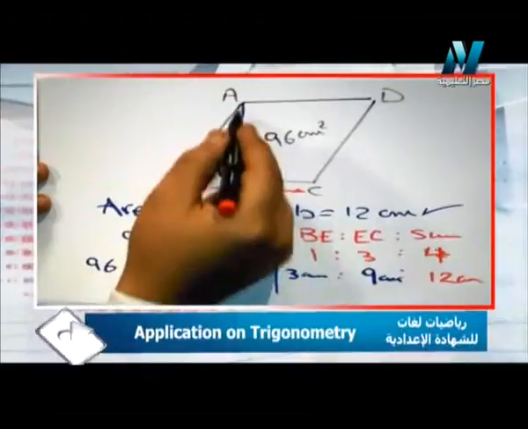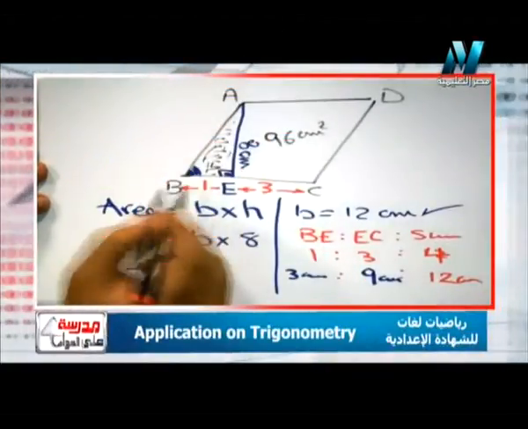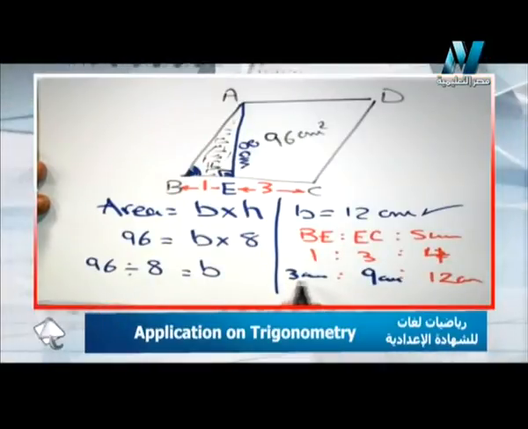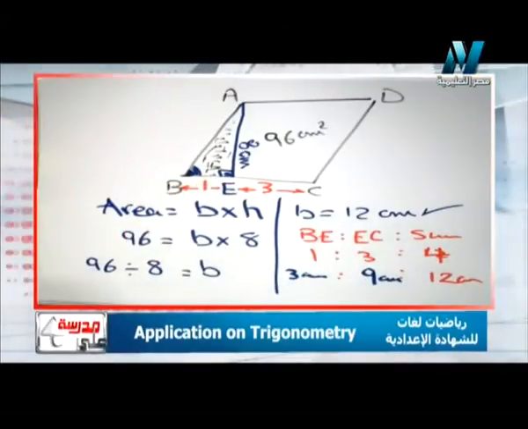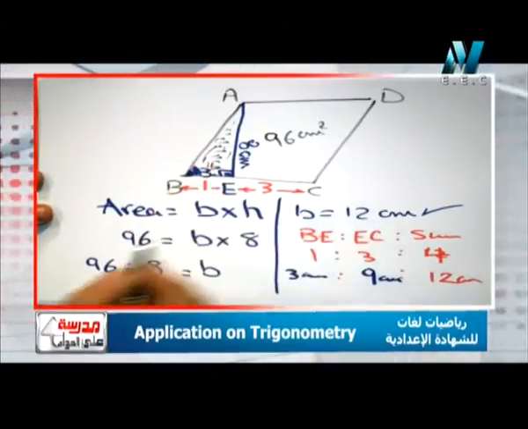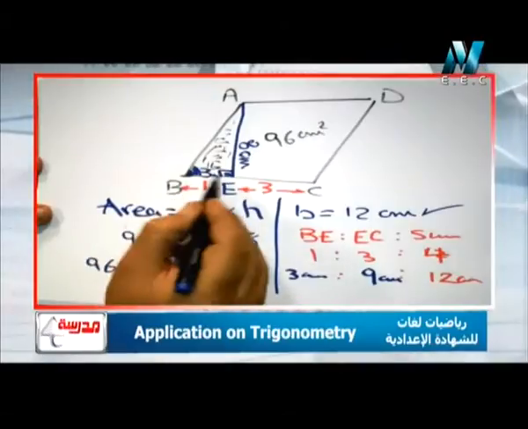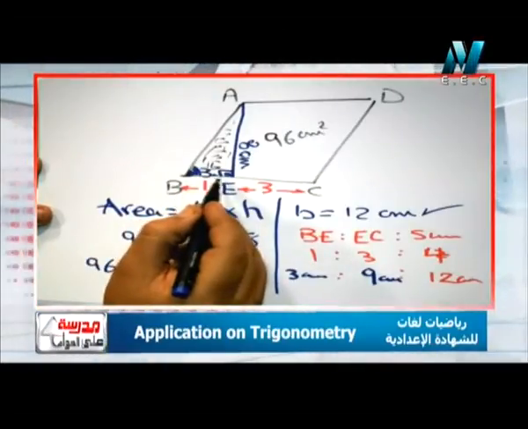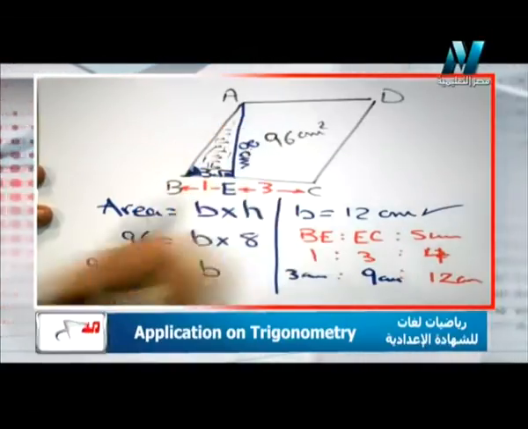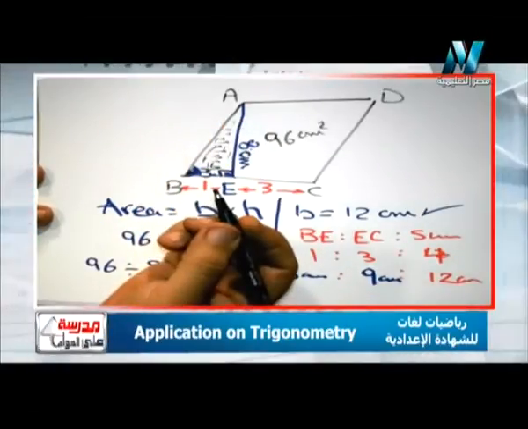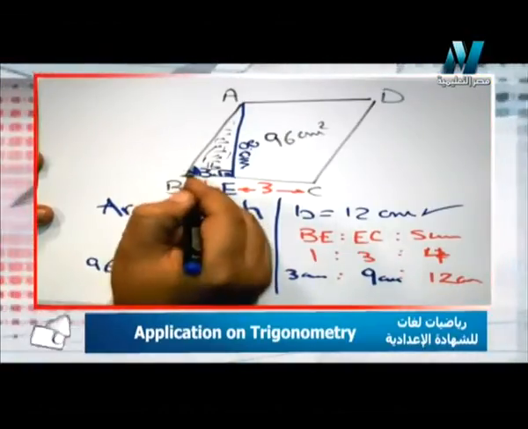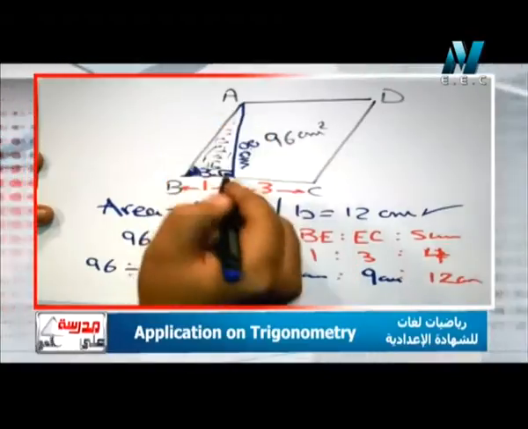We have here BE, which we found is 3 centimeters. So the length of BE here, I'm going to write, is 3. In this triangle, BE is 3 centimeters, which is the adjacent of this angle. And I have the opposite of this angle, which is 8 centimeters. The trigonometric ratio that I'm going to use here is the tan, because tan of the angle is the ratio between the length of the opposite and the adjacent.